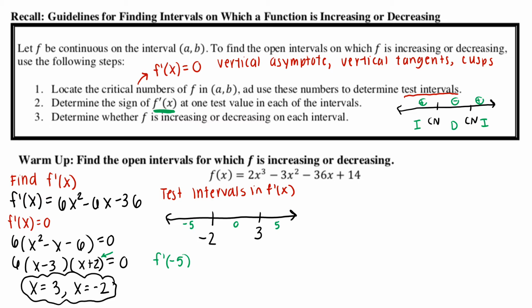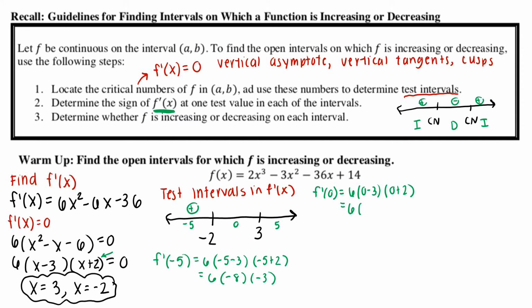Plugging in where we factored would give us 6 times negative 5 minus 3 times negative 5 plus 2, which would give us 6 times negative 8 times negative 3. A positive times a negative is going to give us a positive value. If we look at f prime of 0, we would get 6 times 0 minus 3 times 0 plus 2, which would give us 6 times negative 3 times positive 2.